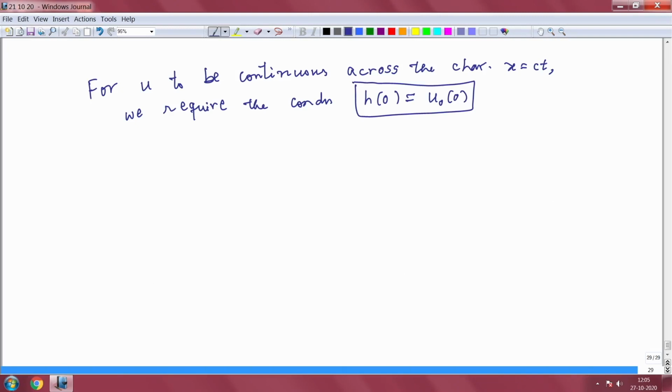Okay. So, similarly, you can work out the conditions for the solution to be C^1 and C^2. Okay.